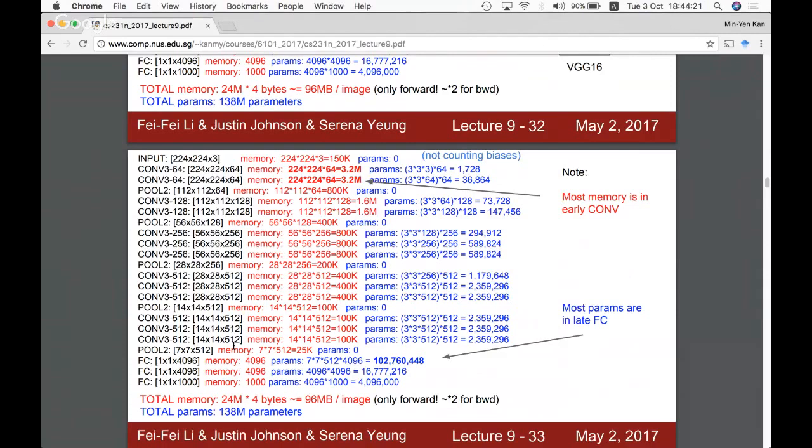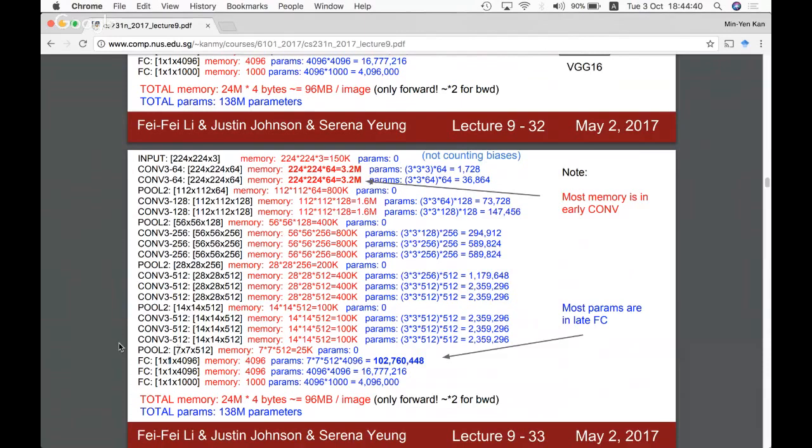As you propagate through the network, around this pooling layer, the image becomes very small. It's 7x7, but the depth is 512. So it's a smaller image with a very deep network.